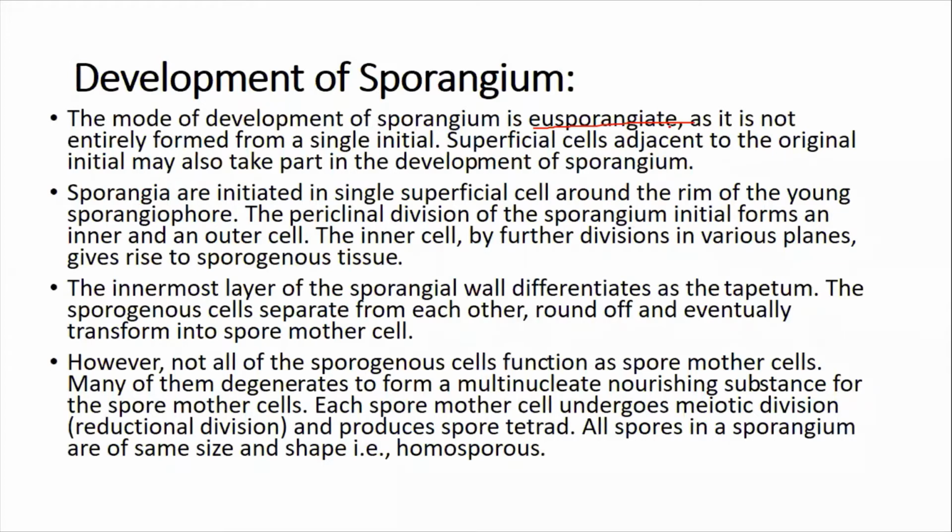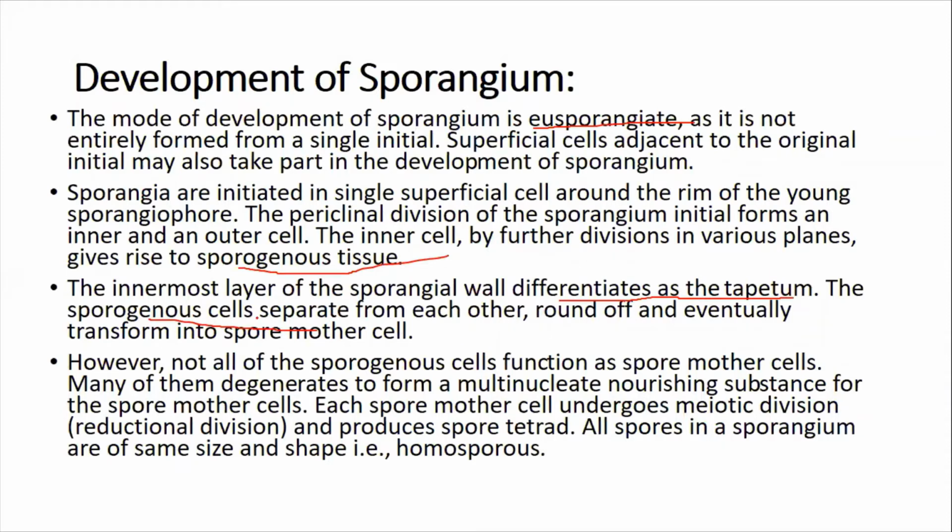Now, the periclinal division of this cell forms the outer and the inner cell. The inner cell gives rise to the sporogenous tissue of the sporangium. Surrounding this sporogenous tissue, the innermost layer of the sporangial wall differentiates as the tapetum. This is a nutritive layer which supplies food material to the developing sporogenous cells.